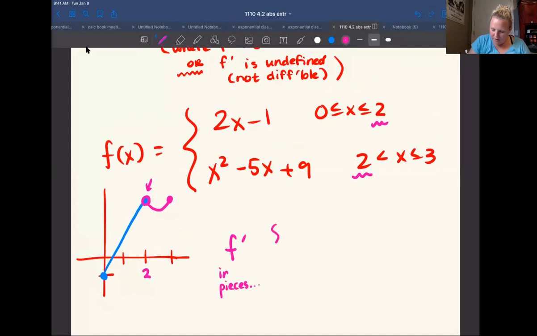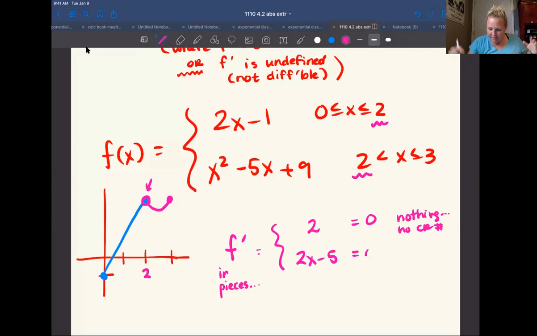So the derivative of the top, 2x minus 1, is just 2, and the derivative of the bottom is 2x minus 5. Okay, so for that, you have to consider what would make the left piece derivative 0, and nothing would. So there's no critical number here.